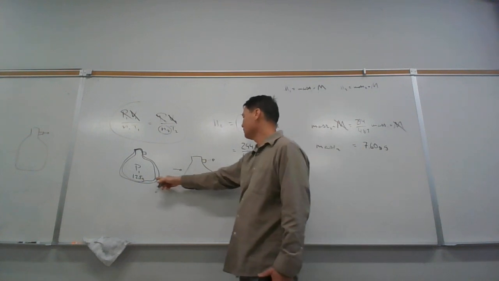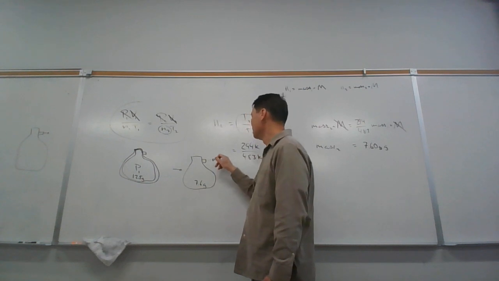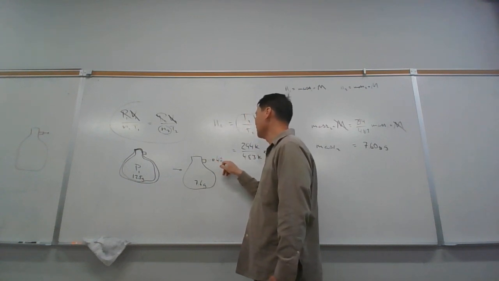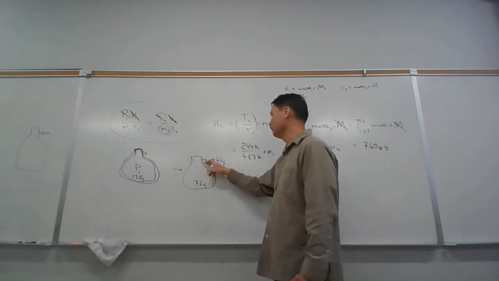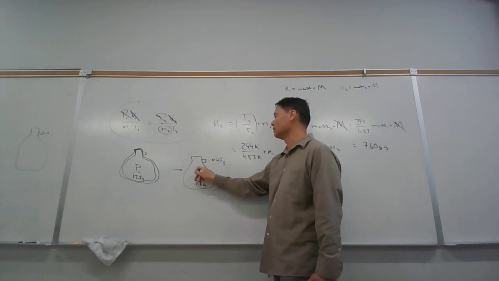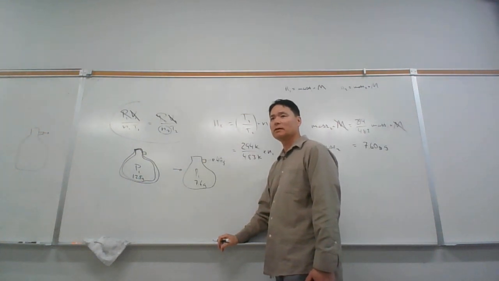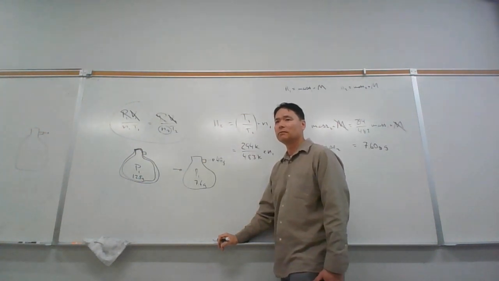That means we have to lose 4.9 grams. So 4.9 grams of gas has to bleed out of the pressure relief valve. Otherwise, the pressure is going to go higher than P1. Does that make sense?